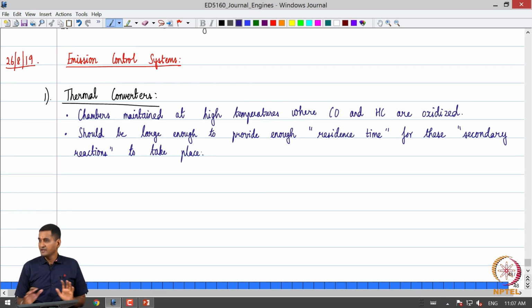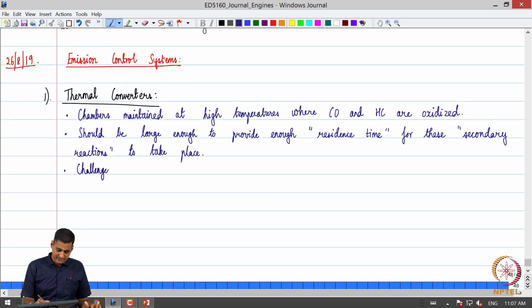downstream of the engine, right, in the engine exhaust path, and allow for sufficient time for these gases to get oxidized. And not only that, these chambers have to be maintained at significantly high temperatures, right, to enable this oxidation to take place. So, those are the main challenges that one needs to face.